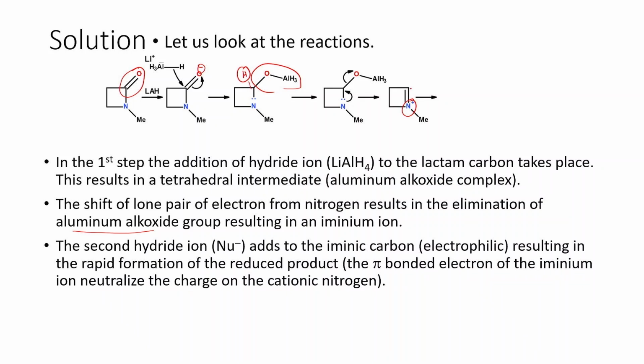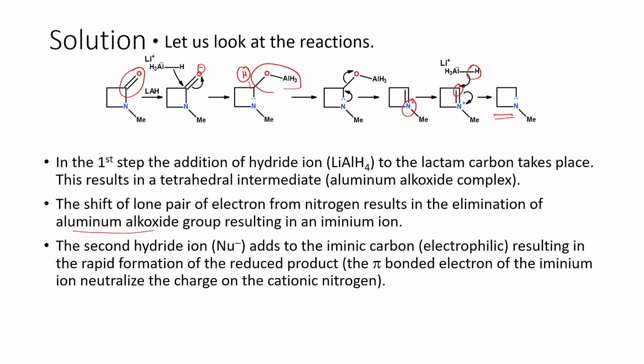So now this iminium ion has to undergo some further reduction. So we have a nucleophile, that is a hydride ion that is present in the lithium aluminum hydride. So this adds to this carbon, and the double bonded pi electrons move towards the nitrogen atom to neutralize its positive charge.